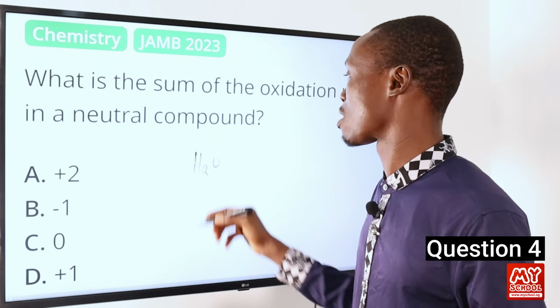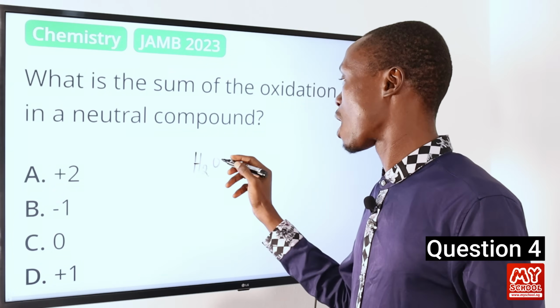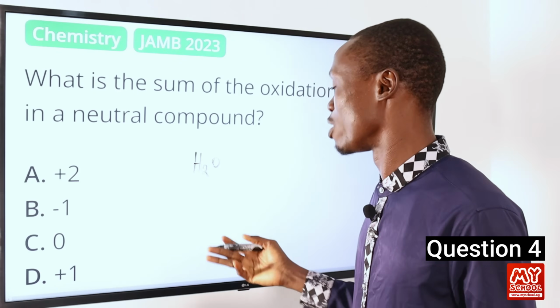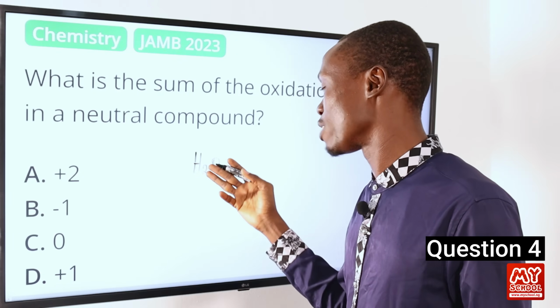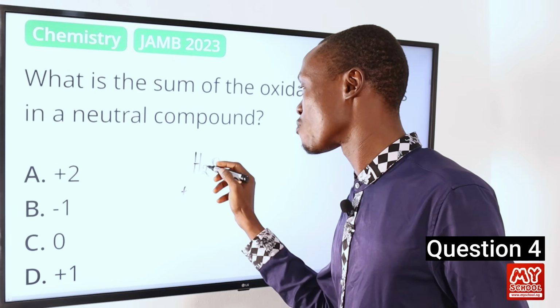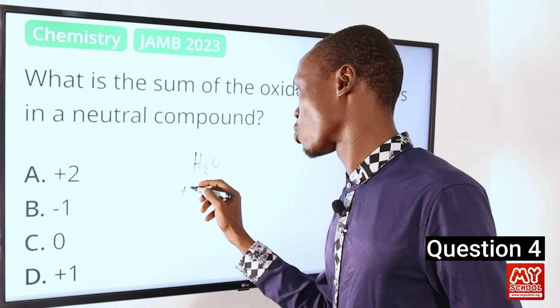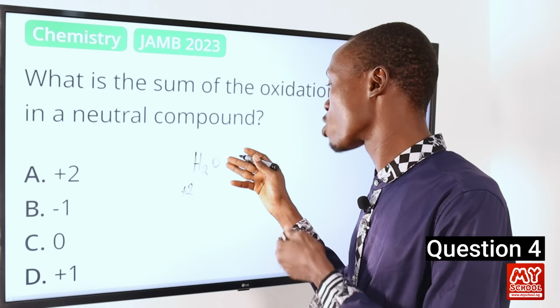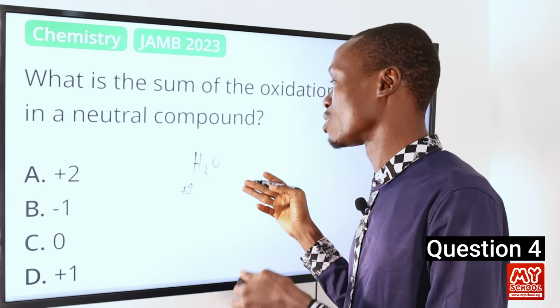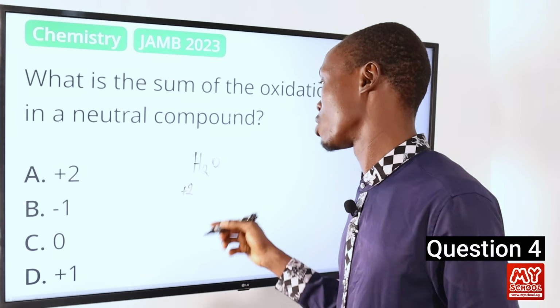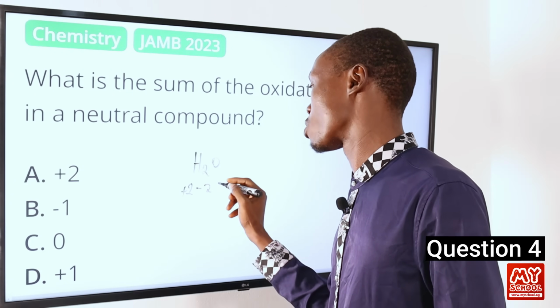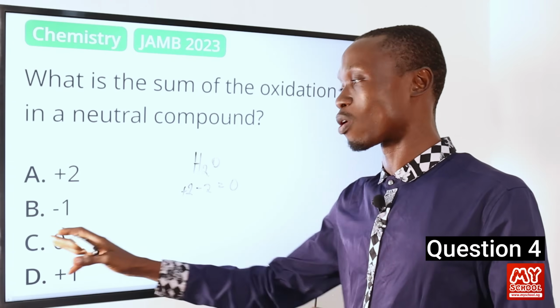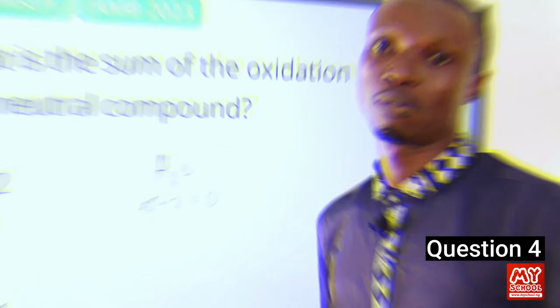Let's take this for example. Of course, hydrogen is positive here and oxygen is negative here. What is the oxidation number of hydrogen? It is 1, but we have 2 hydrogen atoms here, so this becomes 2. Now what is the oxidation number of oxygen? It is actually minus 2. So plus 2 minus 2 equals 0. So the correct option is option C.